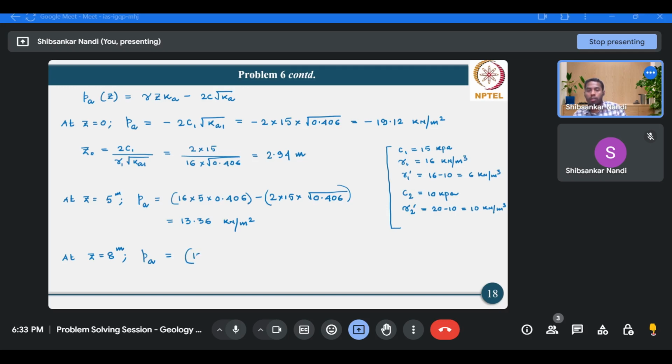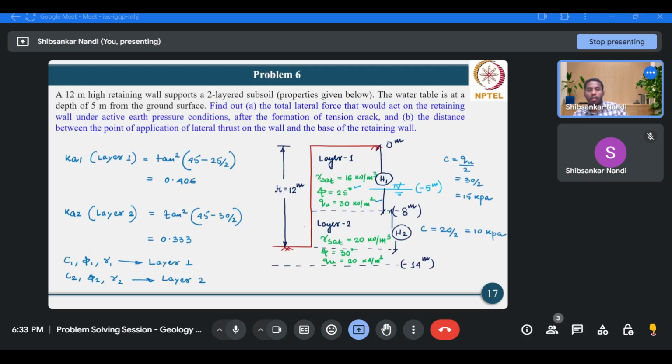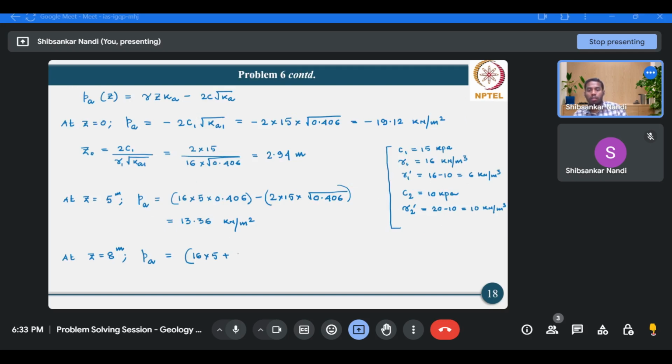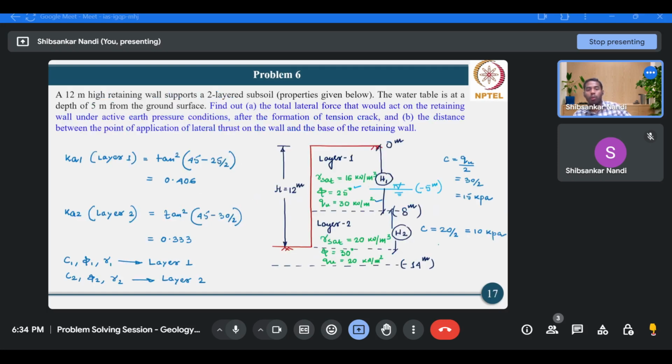It will be 16 into 5, that is above the water table, and for the remaining 3 meter it will be 6, multiplied by 0.406, minus 2 into 15 into root under 0.406, plus, now we have to take the added water pressure.